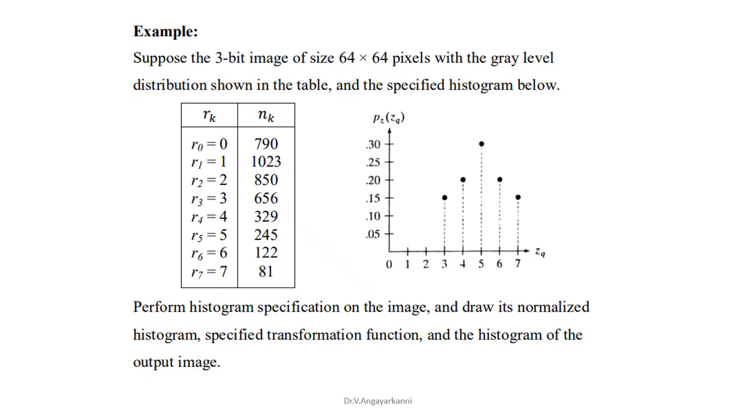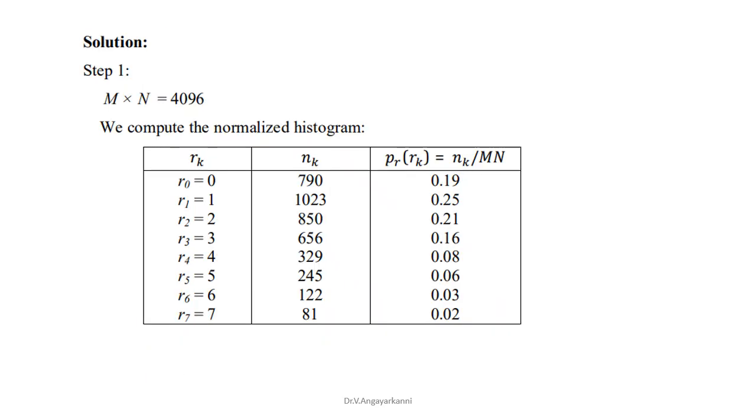We take an example: a 3-bit image of size 64 cross 64 pixels, with the gray level distribution shown in the table, and the specified histogram is also given. Now we have to perform histogram specification on the image and draw its normalized histogram, specify the transformation function and the histogram of the output image. Step 1.